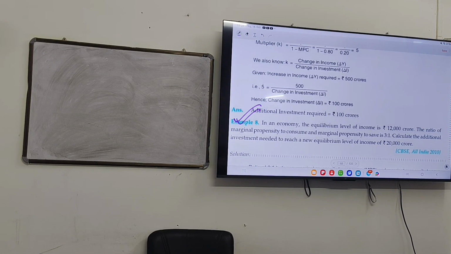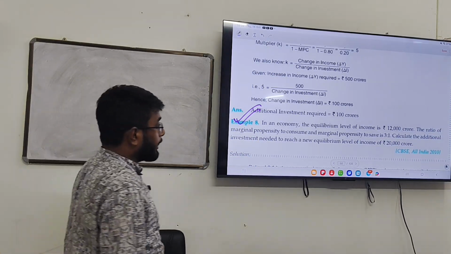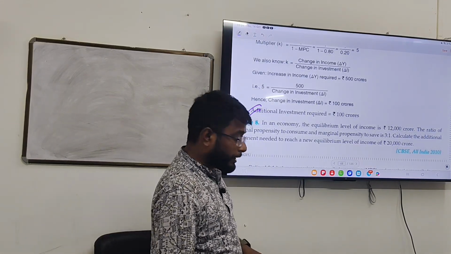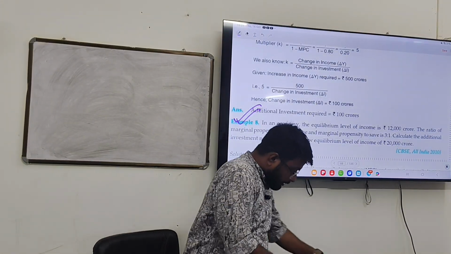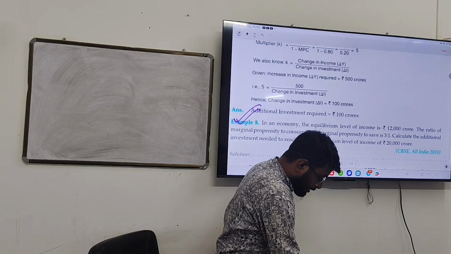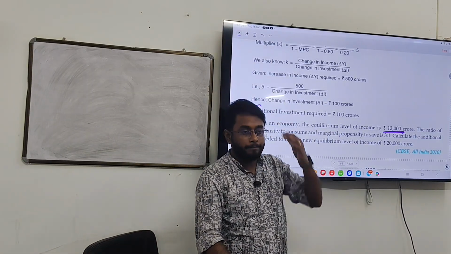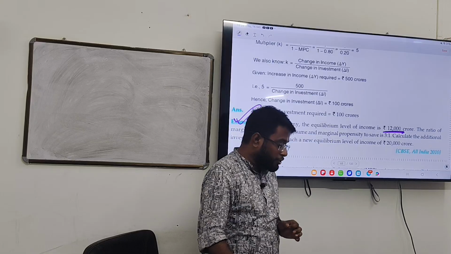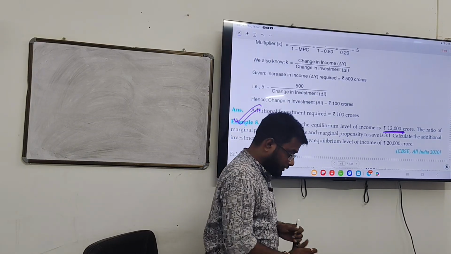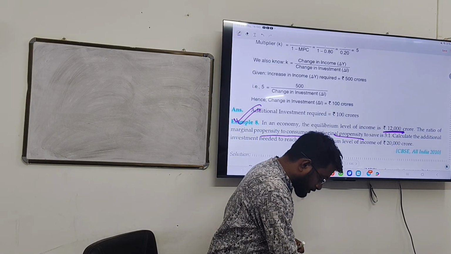Our next question is, in an economy the equilibrium level of income is rupees 12,000, which in this question you can call the initial income. The ratio of MPC and MPS is 3:1.